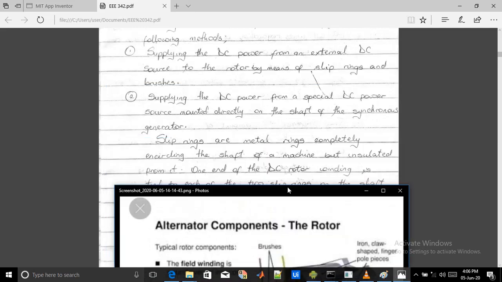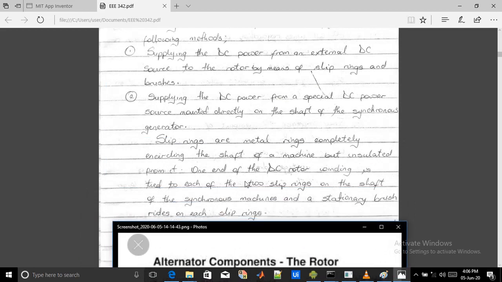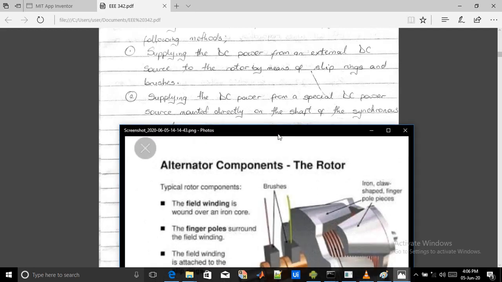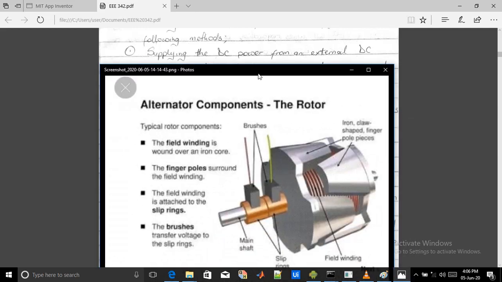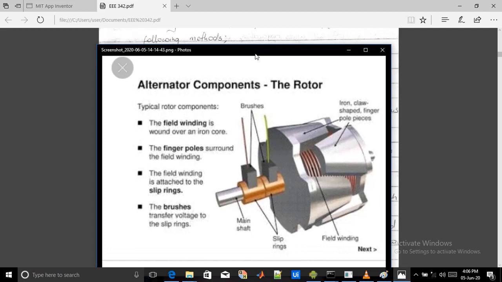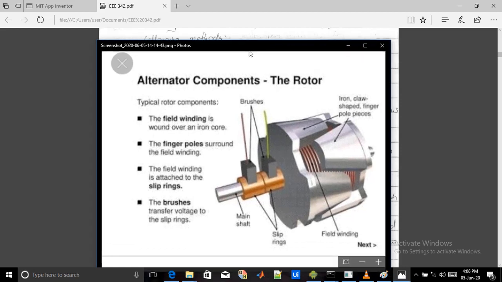Okay. So now, one end of the DC rotor winding is tied to each of the slip rings. The slip rings are like conducting wires that transmit current to the rotor.